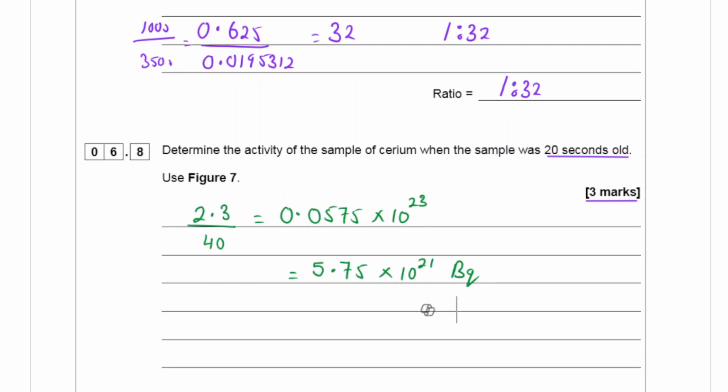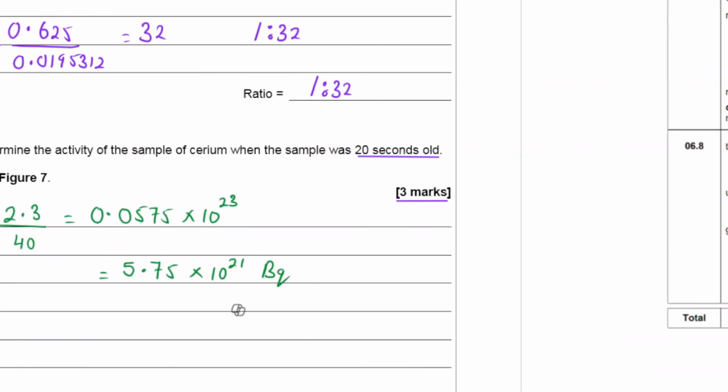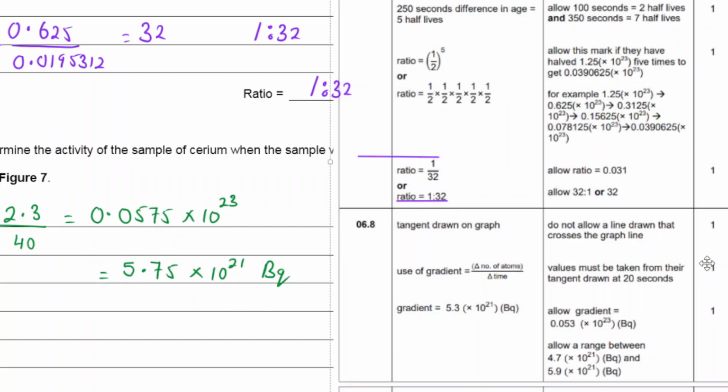The accepted answer they have given from the gradient is 5.3, but they have given a range. Let me show you the marking scheme. As you can see, you need to draw a tangent on the graph, use the gradient, and that's the given answer, but allow a range between 4.7 and 5.9 times 10 to the power 21.